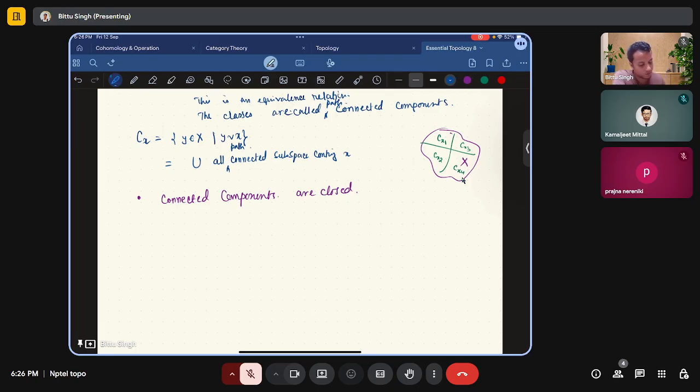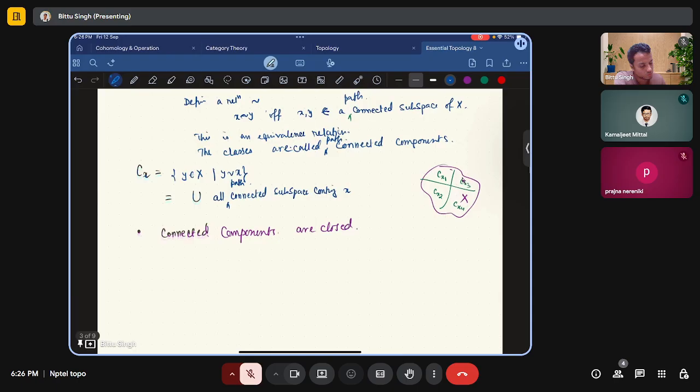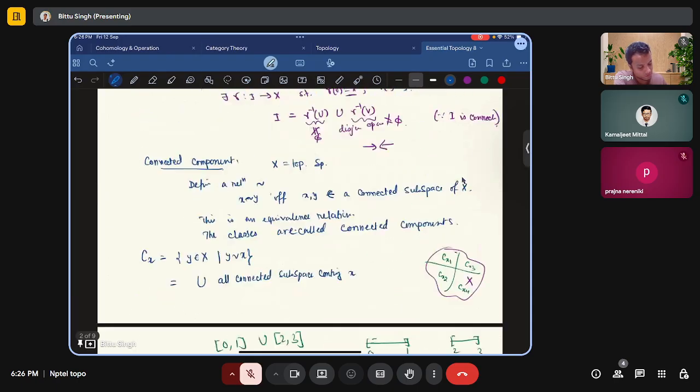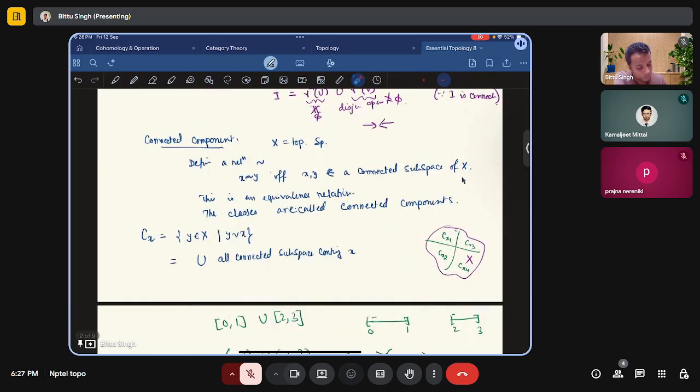Connected components are closed. There is also some notation. Sometimes these words are dropped: connected components and components are the same thing. So you may call it a connected component, or you may also call it a component.